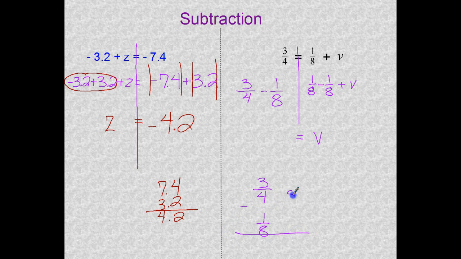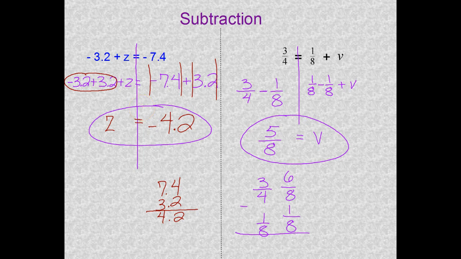Common denominator is 8. Equivalent fractions, 4 goes into 8 2 times, 3 times 2 is 6. So we have 6/8 minus 1/8, which is 5/8. Check for signs. Signs are not an issue because we have a larger fraction deducted by a smaller fraction, so we're good.